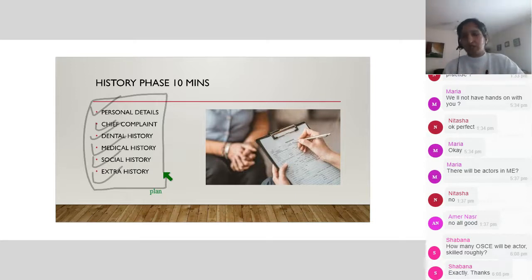It is plain sheets of paper. So you have to memorize the template of how you will ask your patient questions. I will first ask name, date of birth, then I'll ask the problem, and whatever the problem is, I'll ask more questions on that, then dental history, then medical history, then social history, and then any extra questions if I feel to. Okay, so you will take history in 10 minutes.